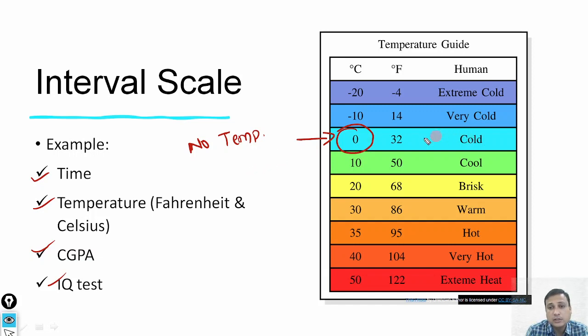No. Actually, 0 Celsius means it is cold. It is a cold temperature. There is temperature, and that temperature is very cold. So we cannot give the meaning of no temperature here. Here 0 is simply an arbitrary 0. Fine. I hope you understood this.